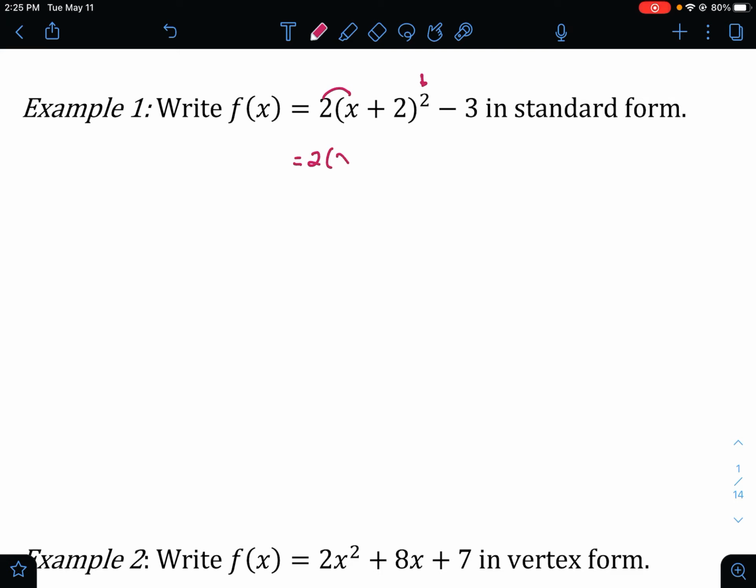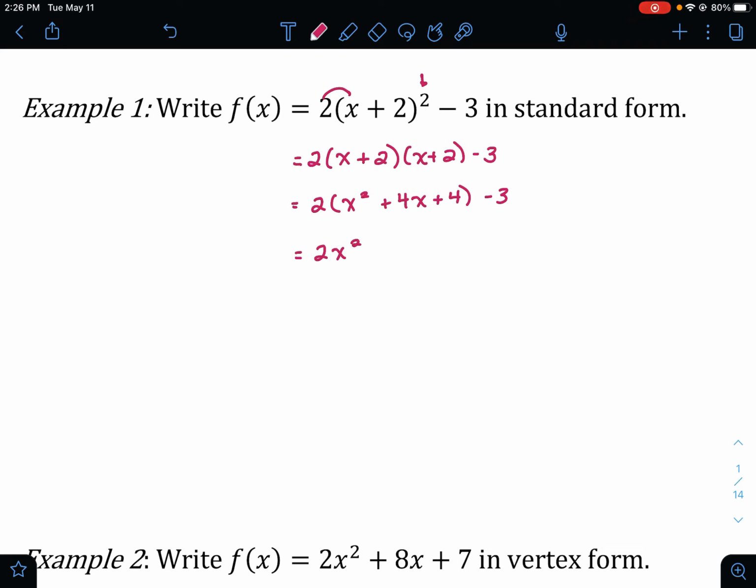So that's 2 times x plus 2 times x plus 2. So once I FOIL those two, I get x squared plus 4x plus 4. Don't forget that minus 3. Now I need to distribute the 2.